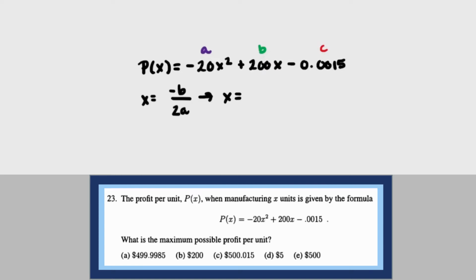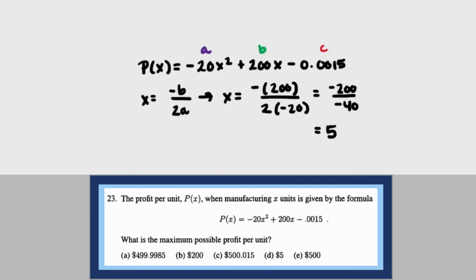When we plug this in, that's going to be negative 200 over 2 times our a, which is negative 20. When we simplify that, that'll be negative 200 divided by negative 40, which will give us a positive 5.